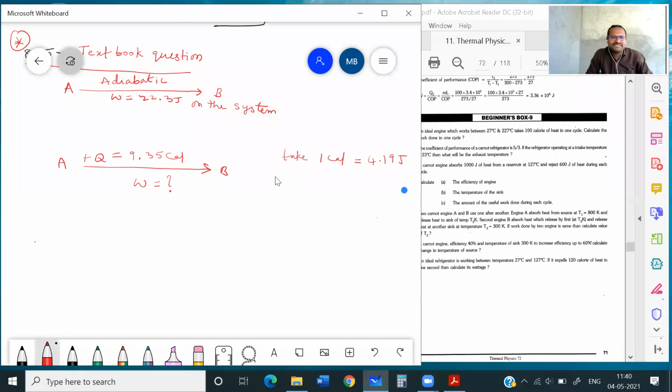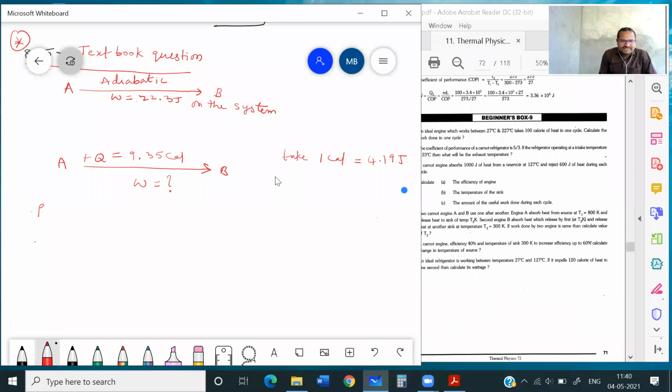The first method is the adiabatic method, where they are changing the state of a gas from A to B by performing some work on it. How much? 22.3 joules of work on it. Okay, clear? Now, the same gas from state A to state B, they are taking by adding some heat energy. Then what is the work done in this case? They are asking. Okay, now for the second case, I'll write the answer.